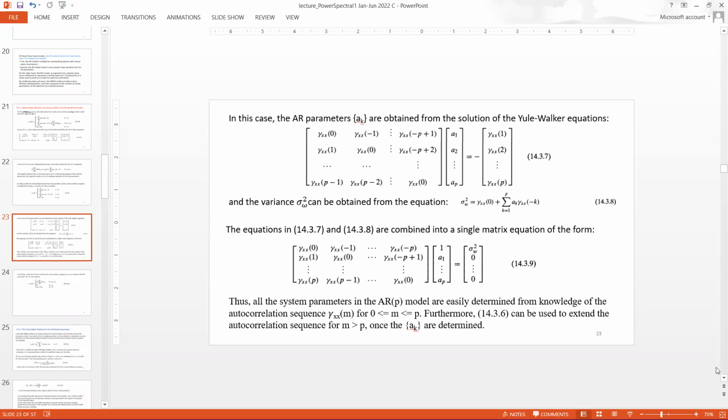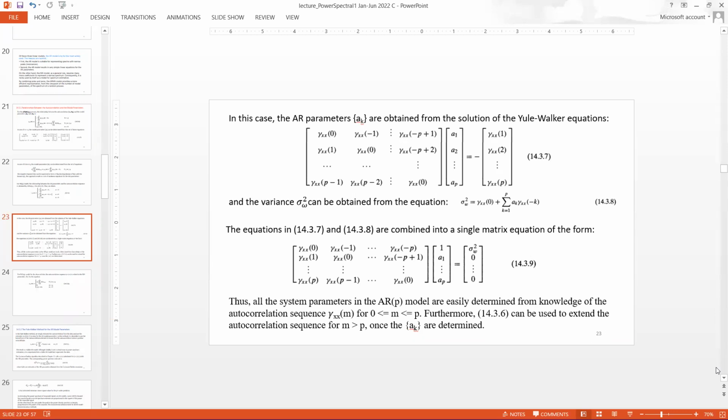That means we can find the subsequent, extended parameters. First we have to calculate the ak from the other conditions, m equal to 0 and m less than 0, not m greater than p.